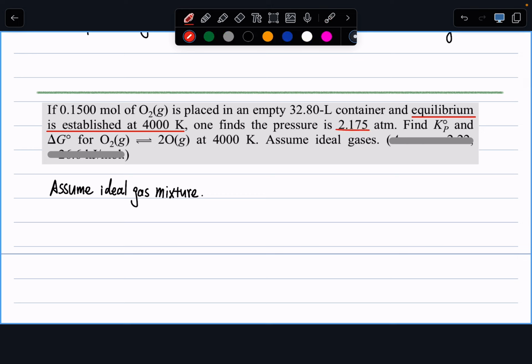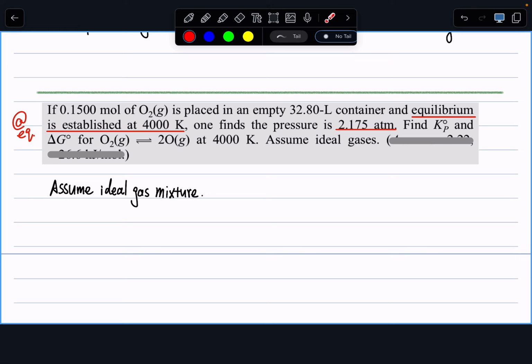So we know the pressure, volume, and temperature at equilibrium. The question asks us to find the standard equilibrium constant and delta G naught for this dissociation reaction, where my O2 gas dissociates into elemental oxygen at 4,000 K. It asks for Kp naught and delta G naught.